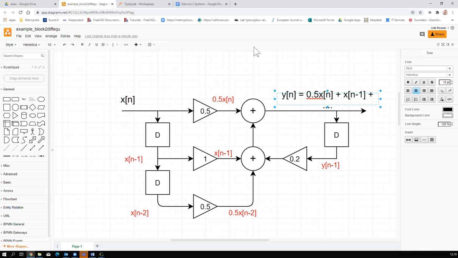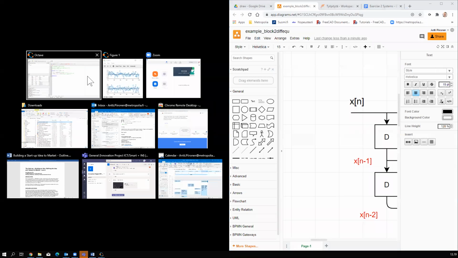Let me see if I can actually divide that one into two.